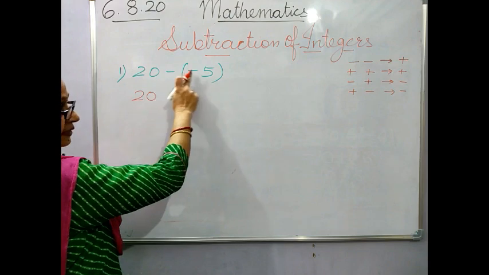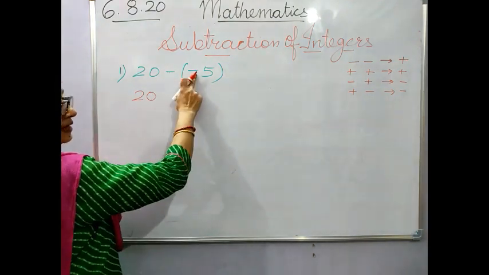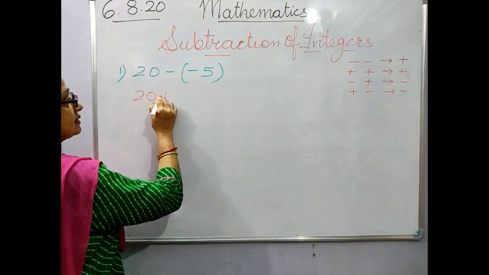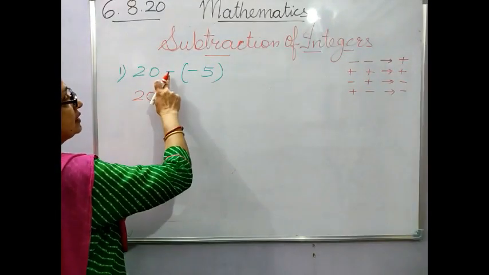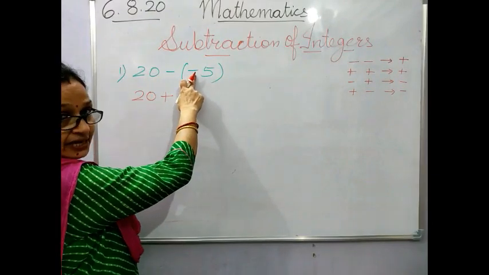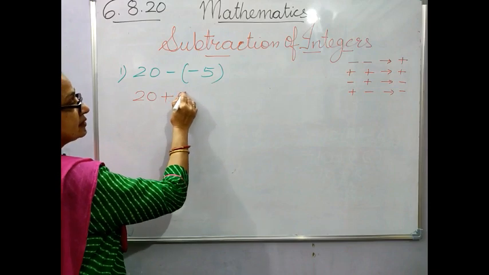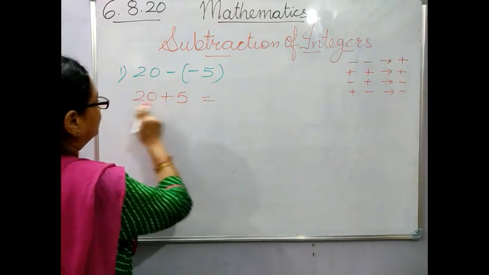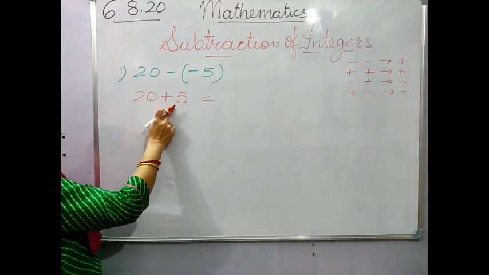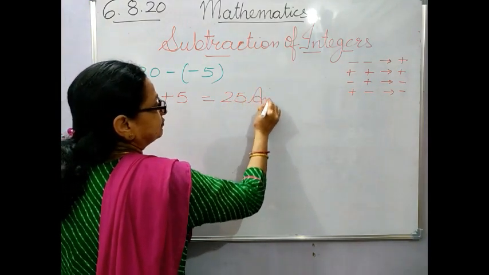Here this is minus and inside also minus, and according to the rule minus and minus becomes plus. Since the outside sign is minus, the inside sign will change and it will become plus 5. Since both the signs are the same, we will add the numbers and your answer will be 25.